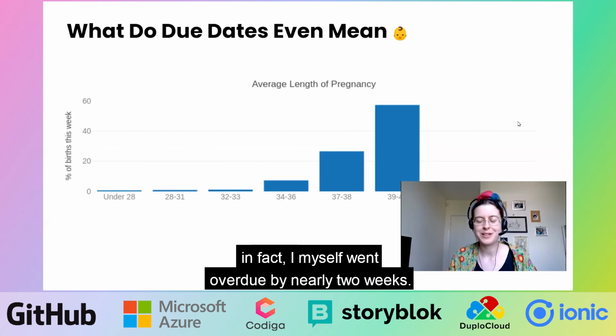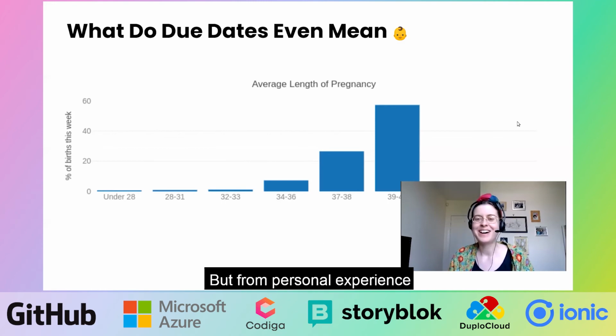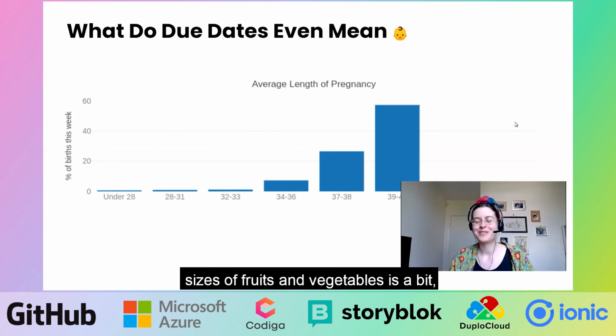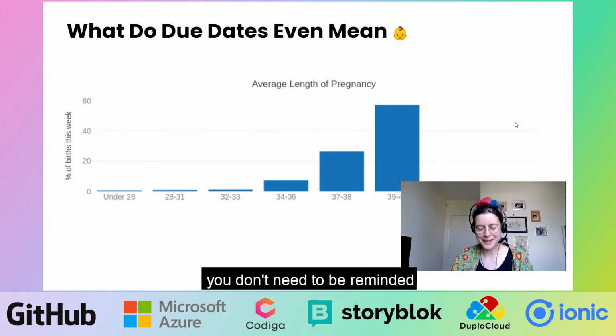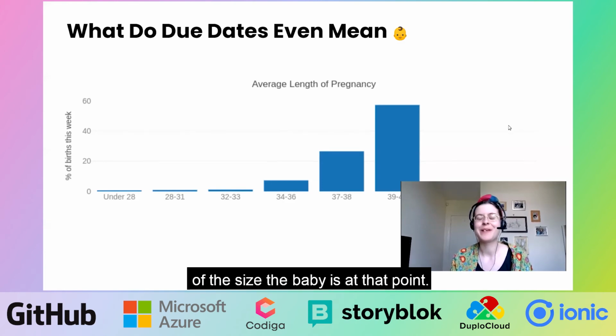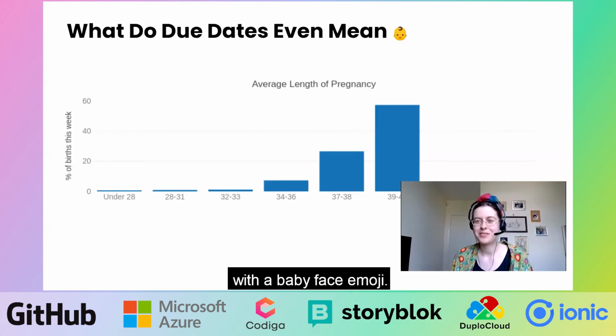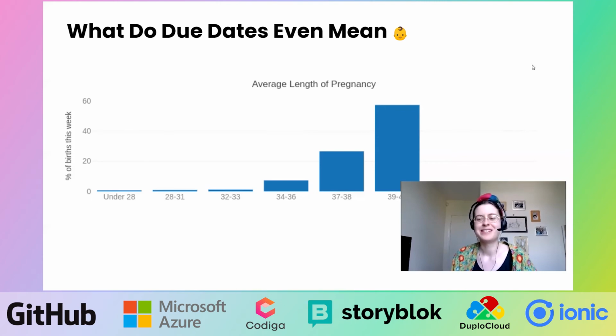In fact, I myself went overdue by nearly 2 weeks. But from personal experience, I can confirm that seeing increasingly large sizes of fruits and vegetables is a bit, you don't need to be reminded of the size the baby is at that point. So once they reach 40 weeks of gestation, I just replace the fruits and vegetables with a baby face emoji.